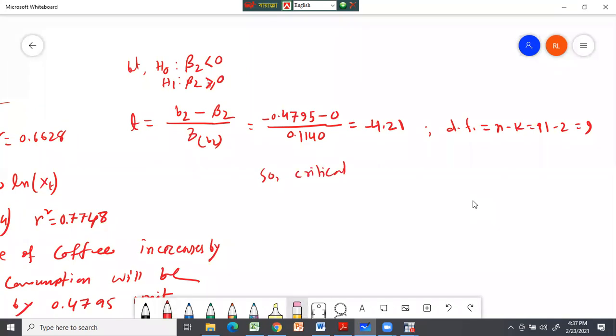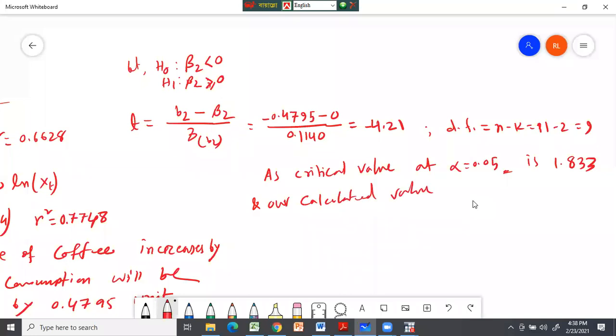The critical value at the 5% level of significance is 1.833, and our calculated value is minus 4.21.